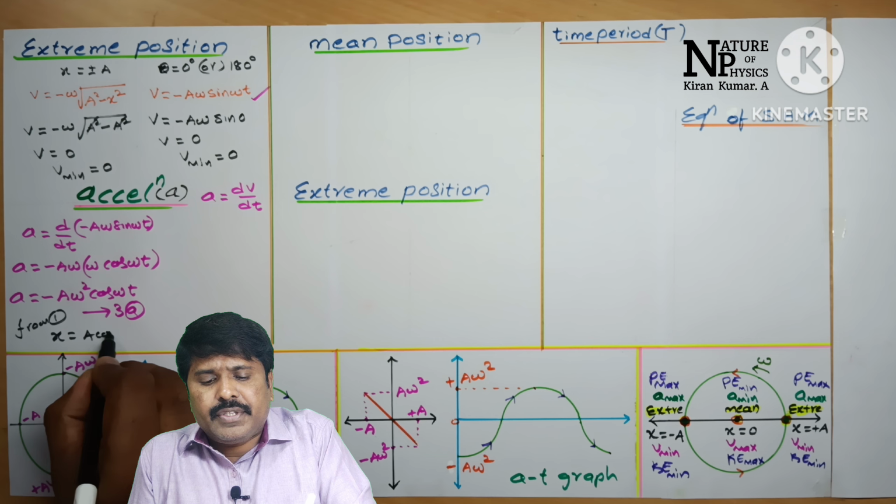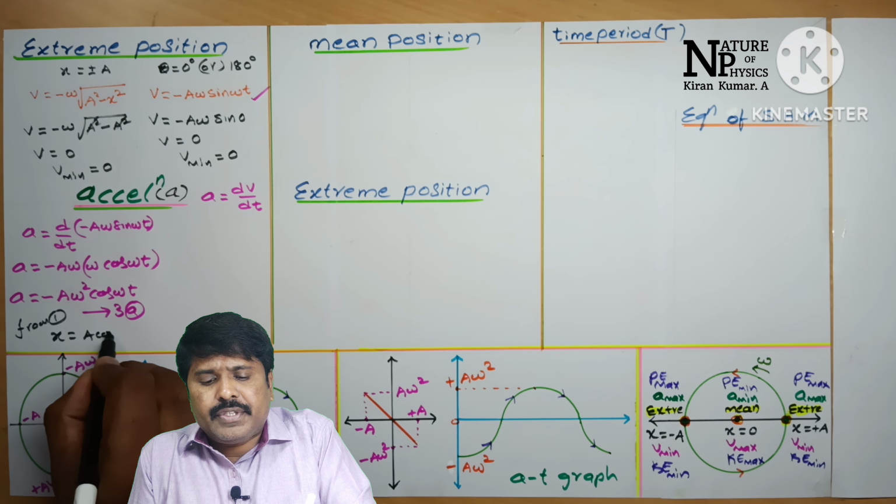See student, here a square root gets cancelled, and a also numerator and denominator gets cancelled. So velocity second equation v is equal to minus omega root over a square minus x square. This is equation number 2b, student.